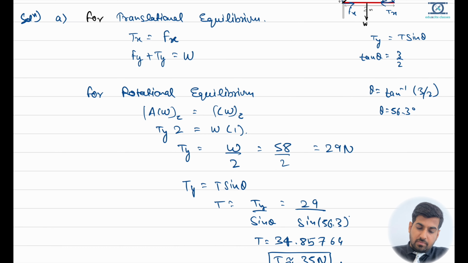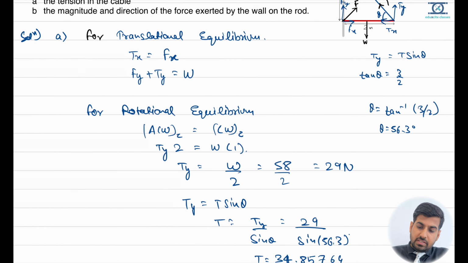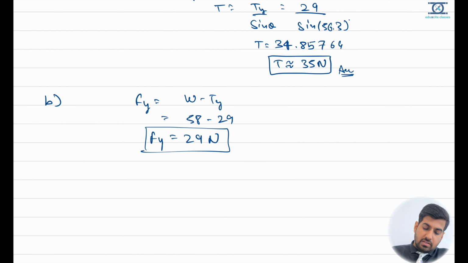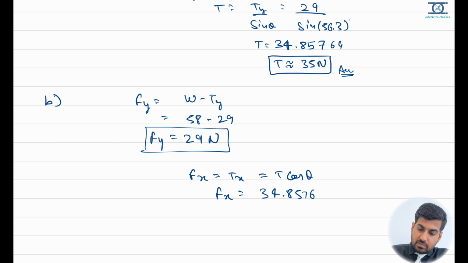Now for Fx, Fx will be equal to Tx, and Tx will be T cos theta. T we already calculated, so Fx will be 34.85769 times cos of 56.3.